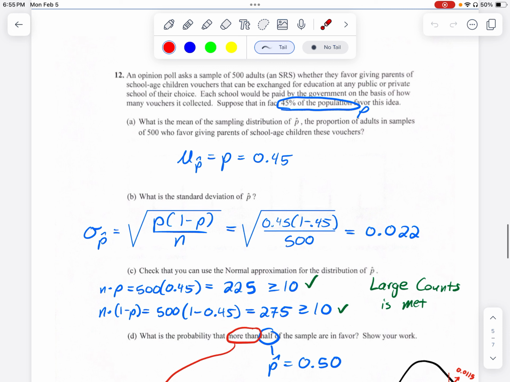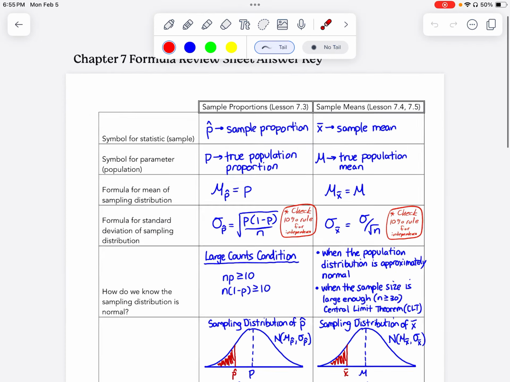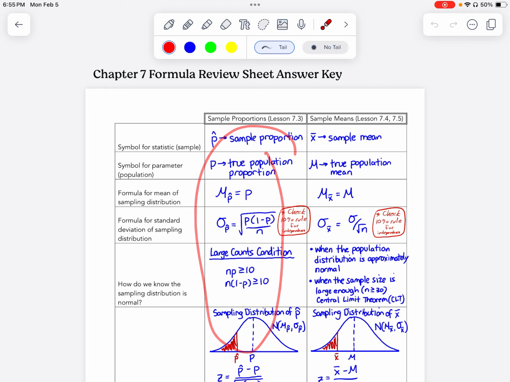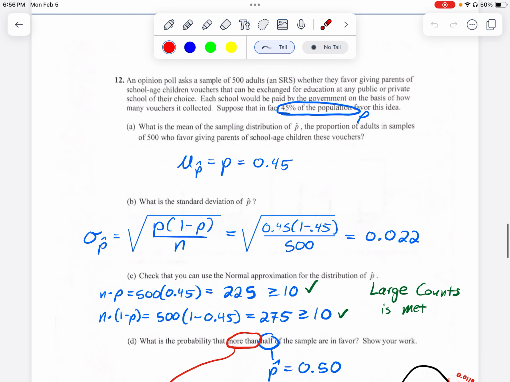12. This is your proportion question. There's a sample of 500 adults. There's your percentage, so you know on your cheat sheet, it's a p question. That should be one of the first things you decide every time.